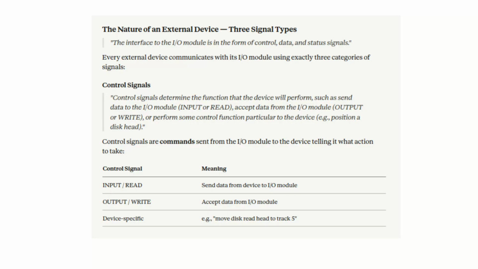Input or read action means what? The data is given to the I/O module. Output or write means we are accepting the data from the I/O module, and there would also be controls specific to a particular device. A device specific function would be, for example, moving the disk read head to a track, like that.